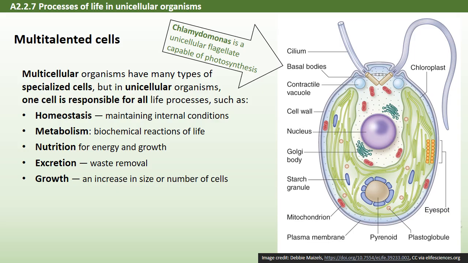Excretion, getting rid of waste, growth, an increase in size or number of cells, movement or transport. So even if some organisms cannot move around, like trees, they can still move stuff around.